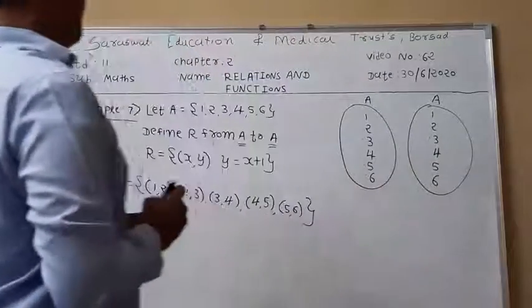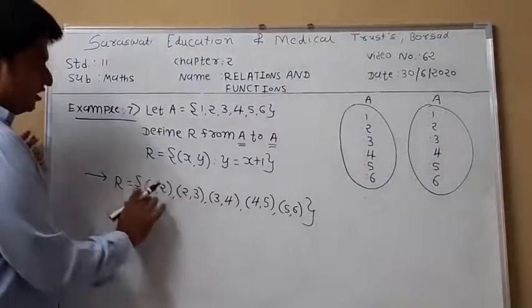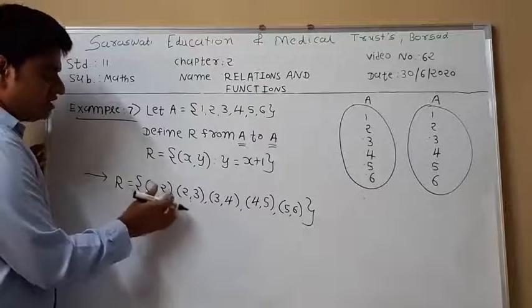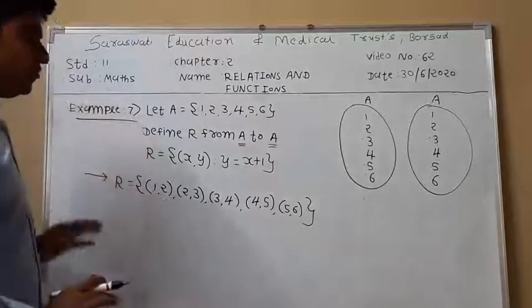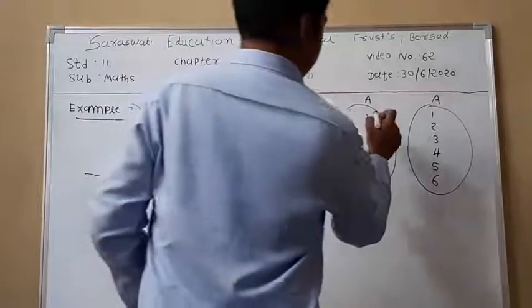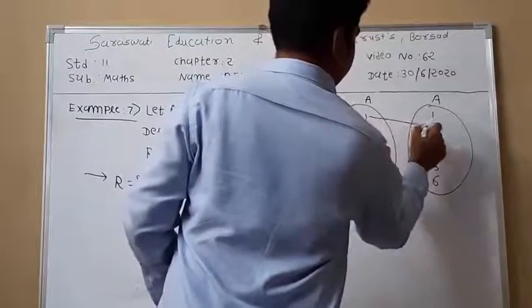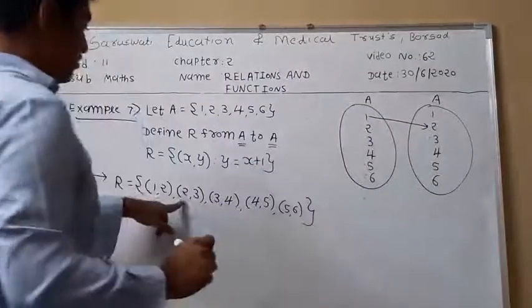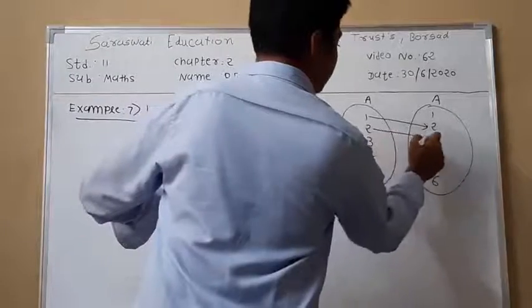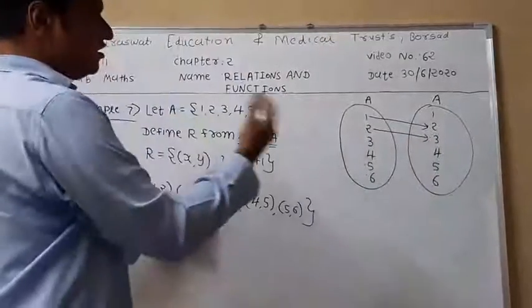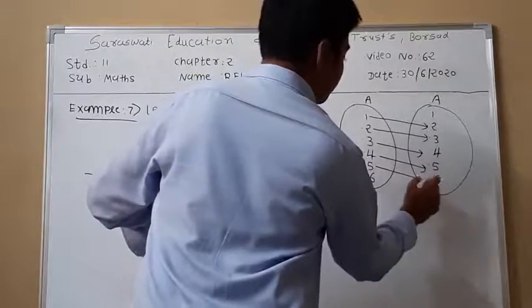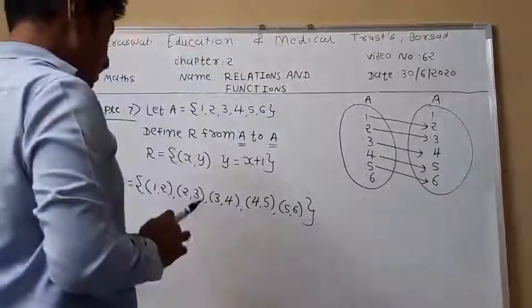Now in the first ordered pair, 1 is related to 2. So we can represent 1 related to 2 here. Now the second ordered pair, 2 related to 3. So here we write 2 related to 3, 3 related to 4, 4 related to 5, 5 related to 6.